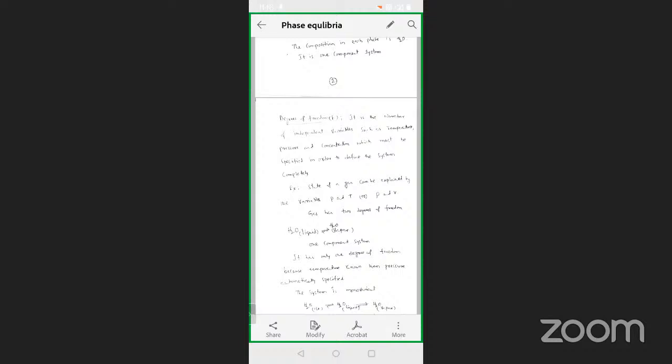Okay, now. So a gas has 2 degrees of freedom, either pressure and temperature or pressure and volume.